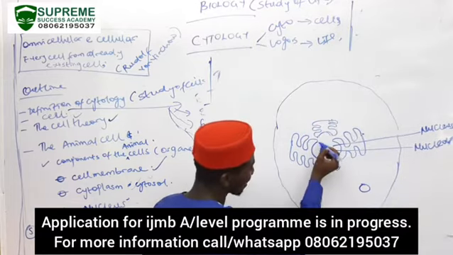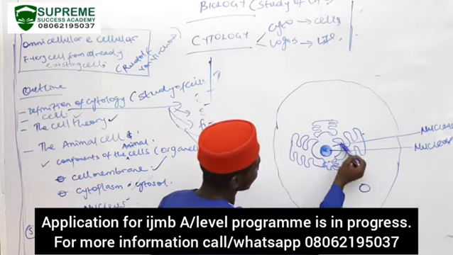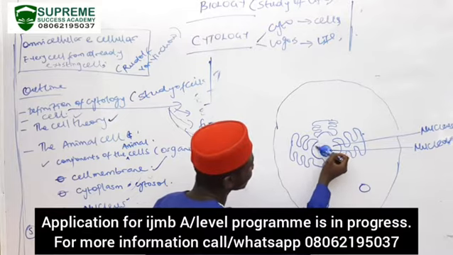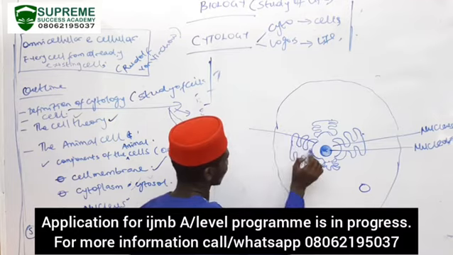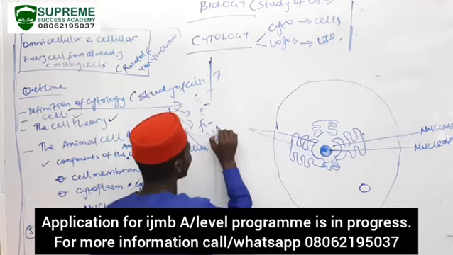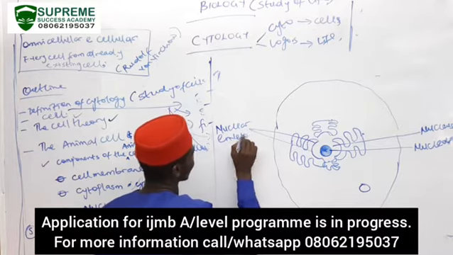Then the membrane surrounding the nucleus. This is a membrane, this is another membrane. This membrane that surrounds the nucleus is referred to as the nuclear envelope.